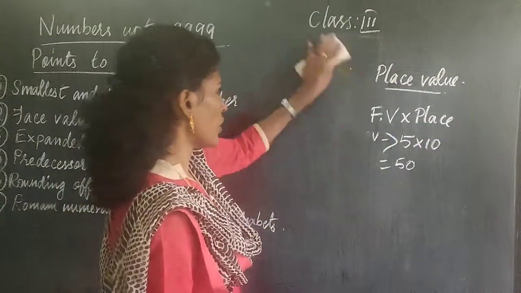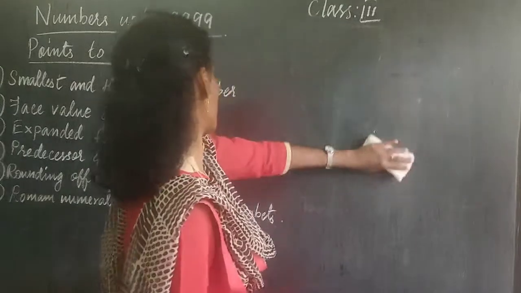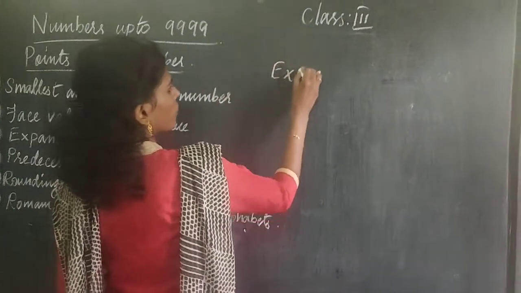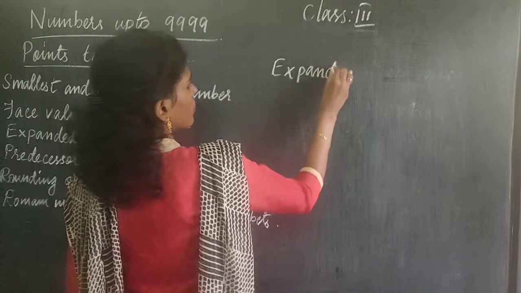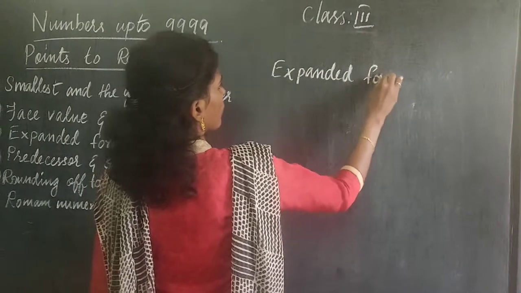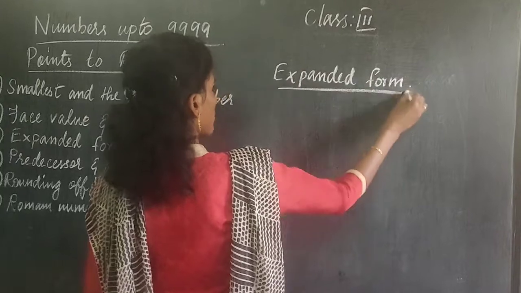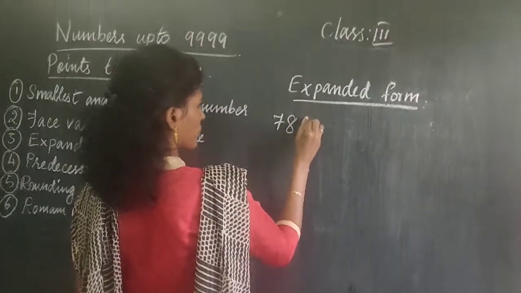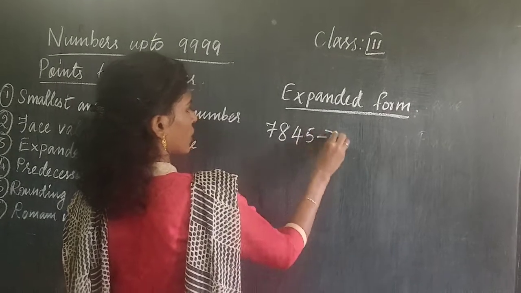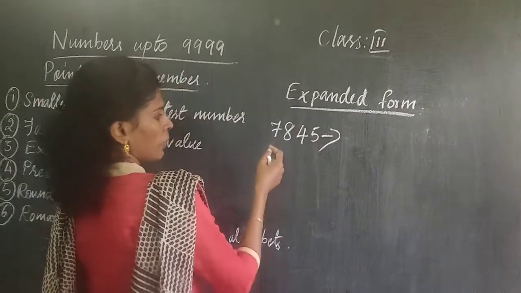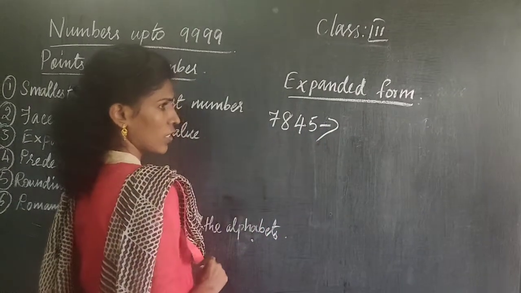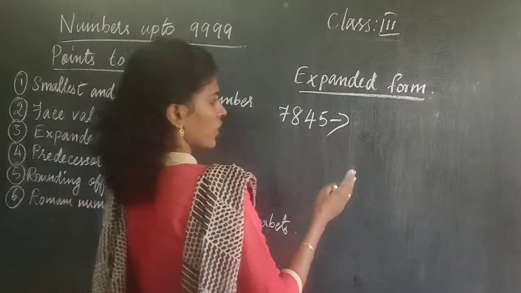Okay, the next point is expanded form. Suppose to expand this number, you have to write the place value of each digit and write them in a sum.